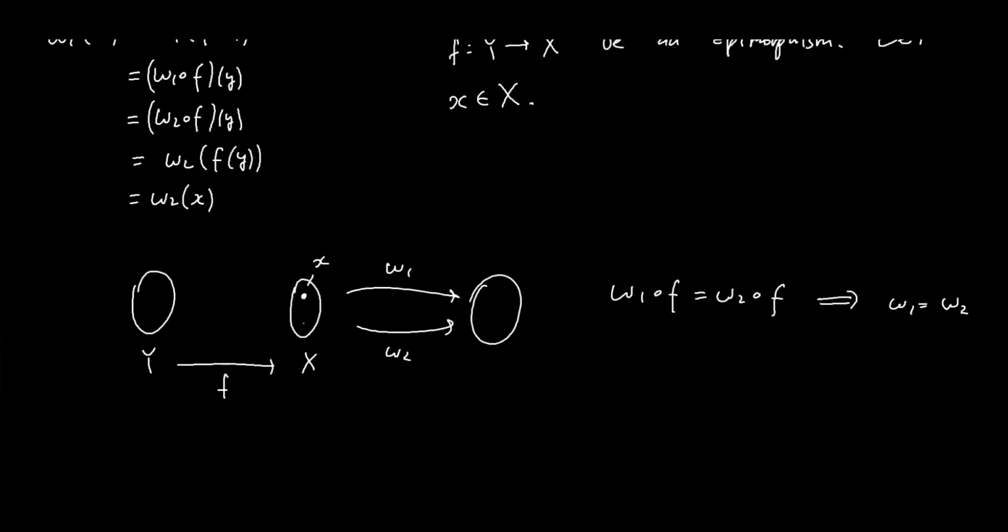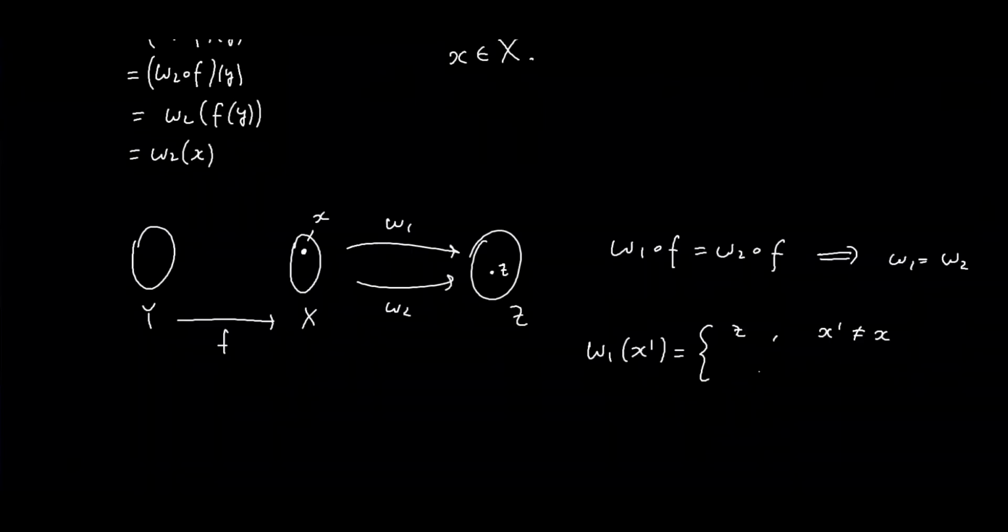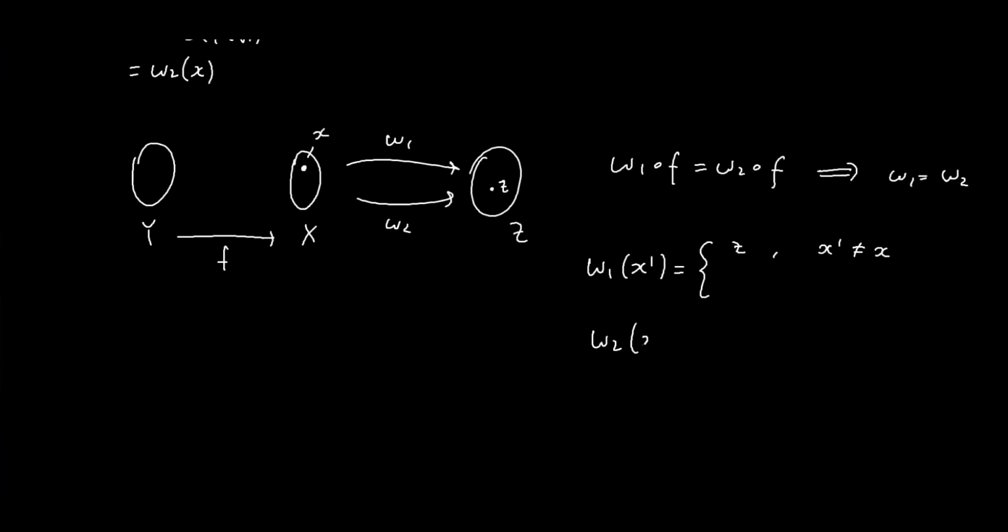So we picked an element x in the codomain of the function, and then we defined w1 at every x prime to equal to some fixed element z in some set Z. So we can just create a set Z which has some fixed element z there. So that is when x prime is not equal to x. And we define w2 in the same way.